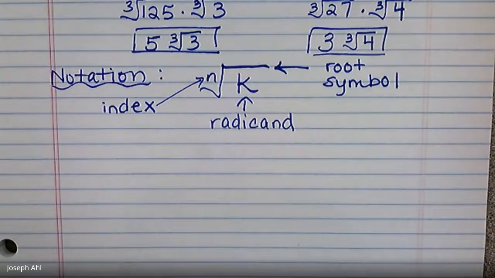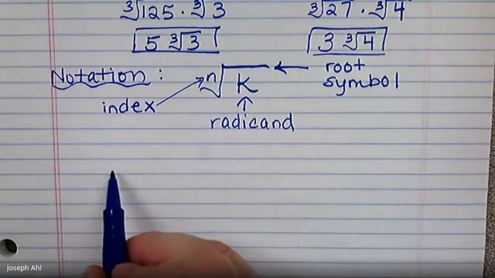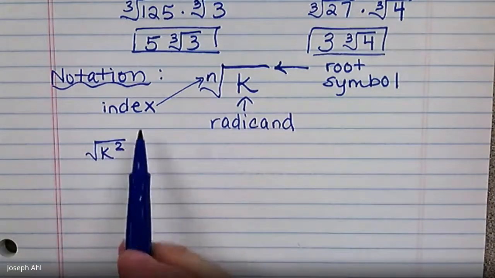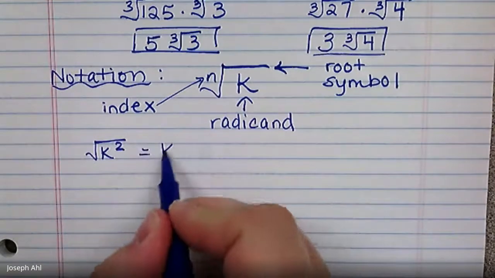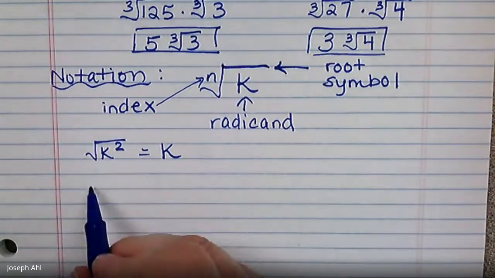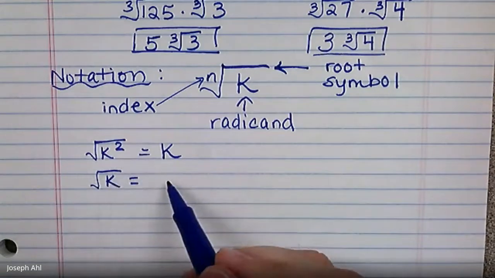All right. When we talk about taking square roots, if you have a perfect square underneath the radical, the square root of k squared winds up equaling k then. So we're going to deal with some variables in a little bit. And one thing that we'll see is that we can actually change back and forth between radical and exponent form.